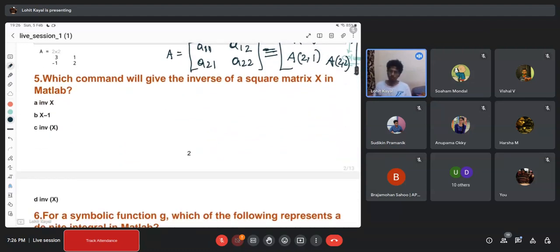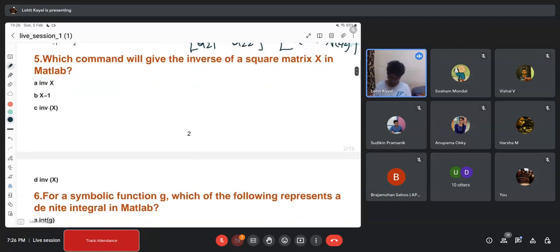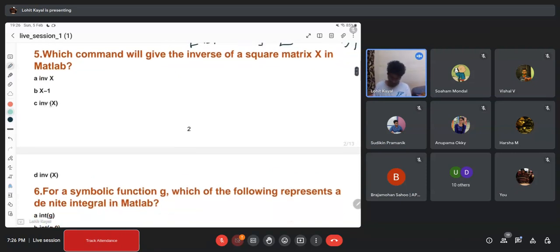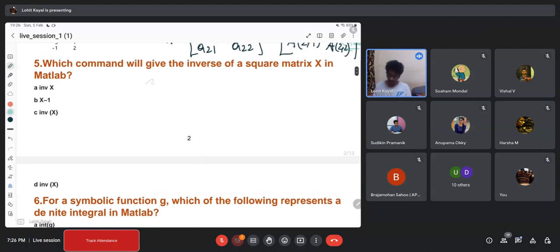Okay, now a new command will come. Which command will give you the inverse of a square matrix X in MATLAB? The command is inv(X). Inv means inverse.